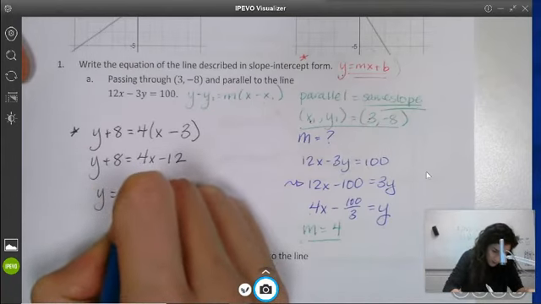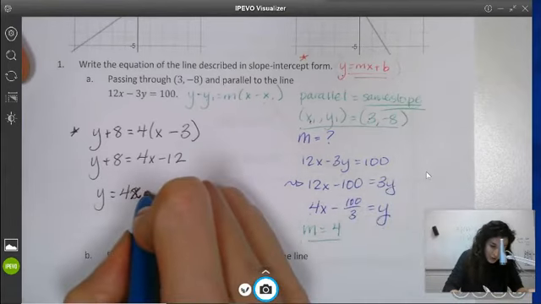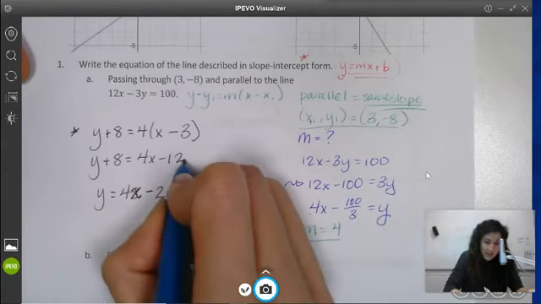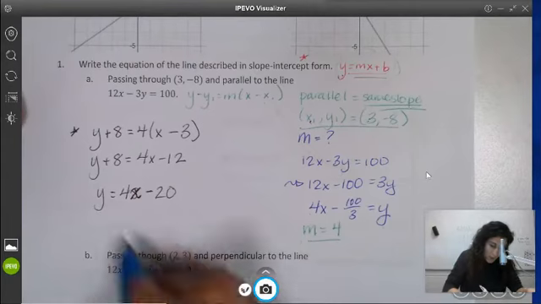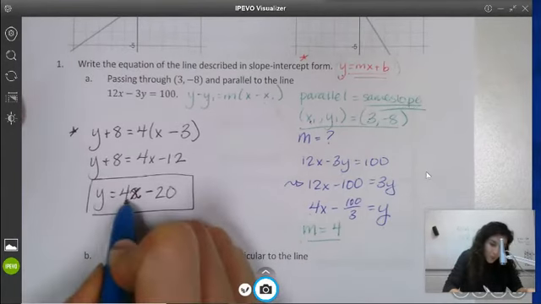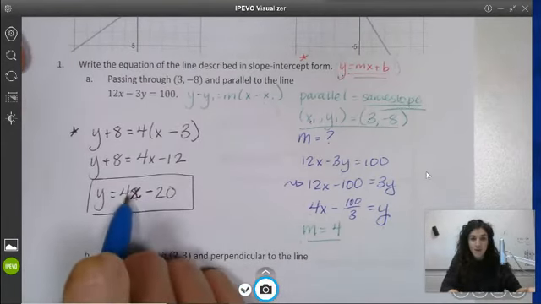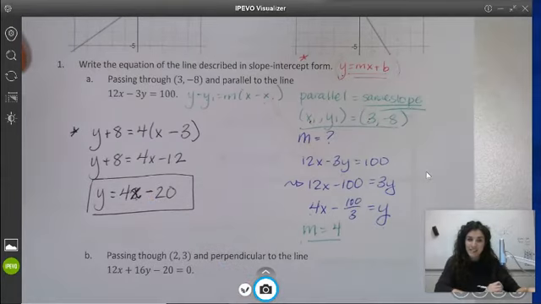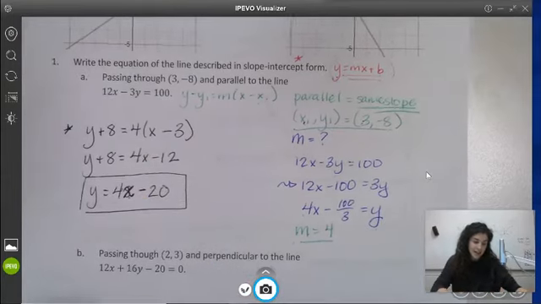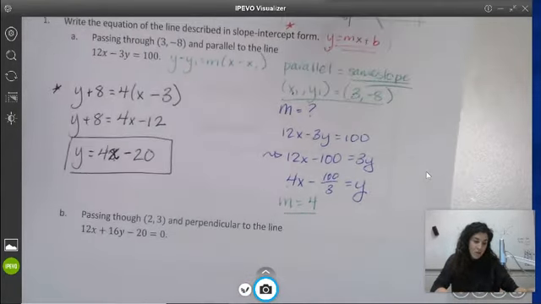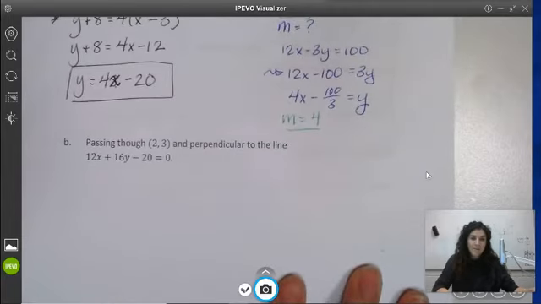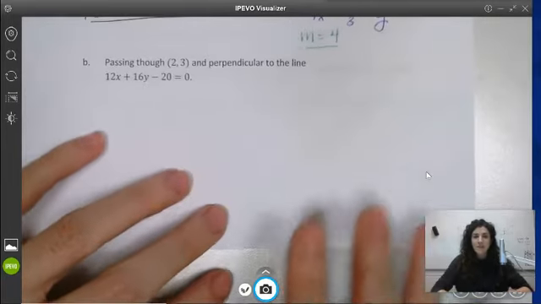Which makes this negative 20. Negative 12 minus 8, we're getting more negative. So that's 4x, sorry, my bad, 4x minus 20. Fantastic.